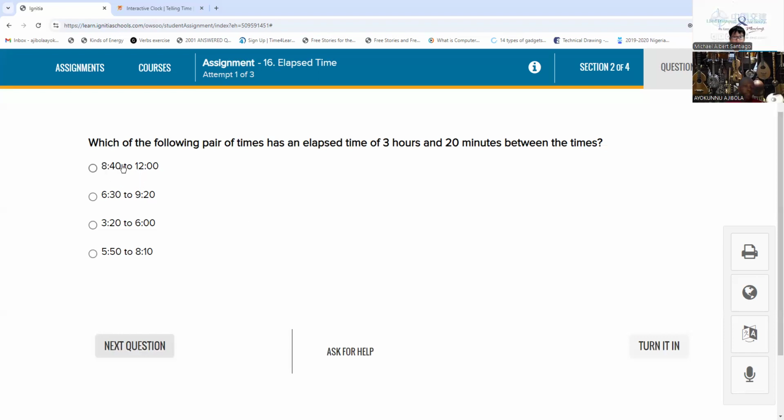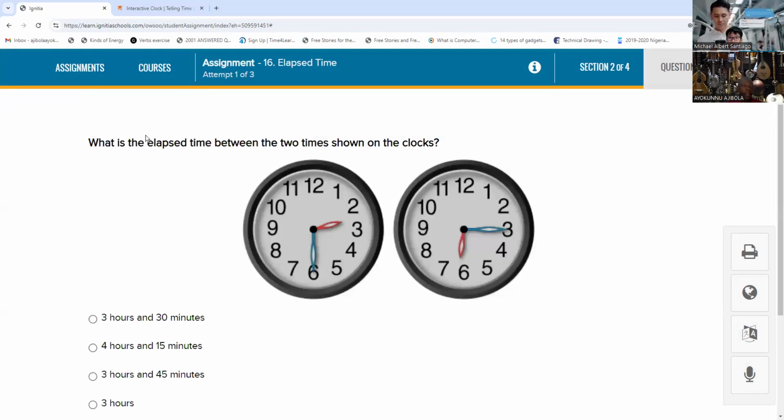Let's check the first one again. We have 9:40, 10:40, 11:40 is the first option, okay? That's 3 hours. So if you add 20 minutes, you get 12 o'clock.